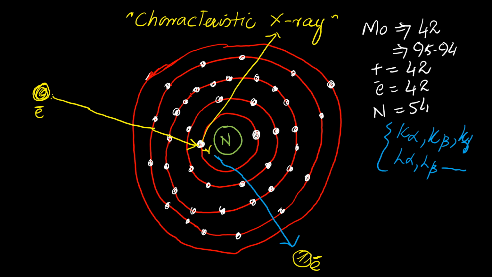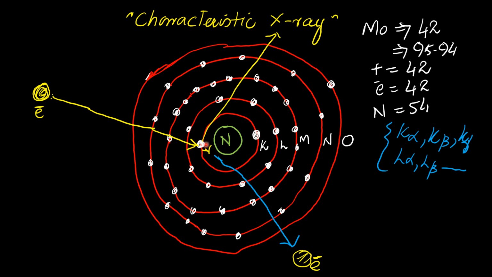As you know, around the atom there are energy levels. The first energy level is known as the K shell, the second as the L shell, the third as the M shell, the fourth as the N shell, and the fifth as the O shell. Since an electron in the K shell is ejected, the K shell has a vacancy, so the structure of the atom becomes unstable.